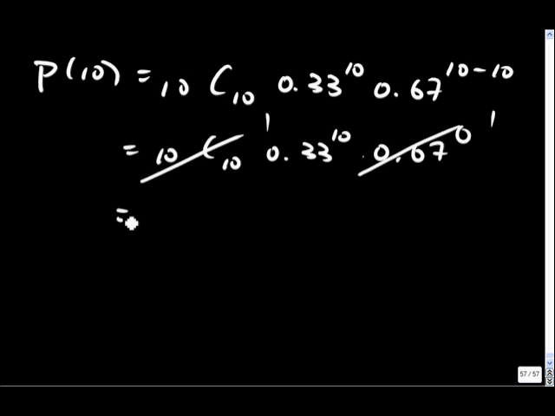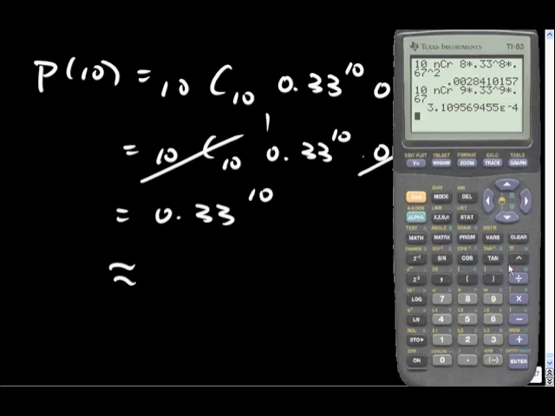So the answer is 0.33 to the 10th power. I want to see what this is approximately. Again, scientific notation. Now you have 1.53, and we have to move that decimal 5 spaces to the left.